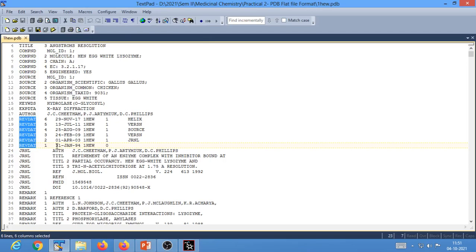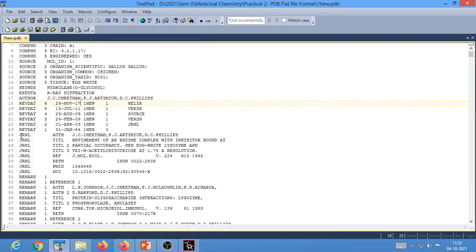The very first time it was deposited on 31st January 94, then it was revised on 1st April 2003, then on 24th February 2009, and the latest revision was in 2017, on 29th of November. And what portion of this PDB file was revised is shown over here.